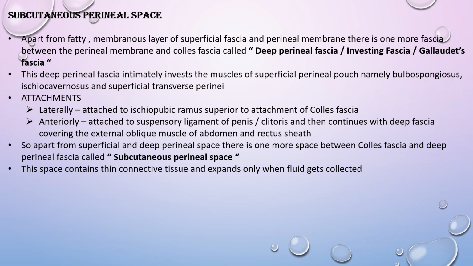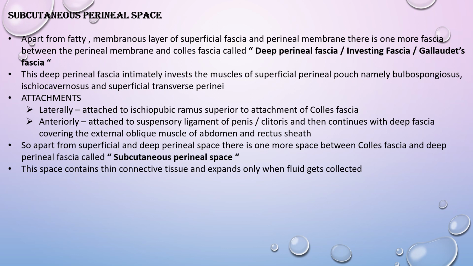This deep perineal fascia intimately invests the muscles of the superficial perineal pouch, namely bulbospongiosus, ischiocavernosus, and superficial transverse perineum.